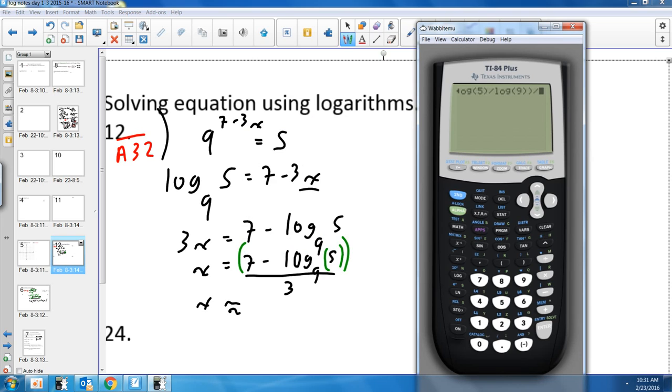Okay, divided by 3, and you're going to see that you get 2.08. Now, I just want to show you one more thing. When I hit second enter, I can get the same exact answer just by doing the natural log. Look and see what you have here. Natural log ln of 5 and ln of 9. And notice ln is paired with the e, common log is paired with the 10. That should make sense there on your calculator. And you'll see if I change those, you'll still get the same answer. So 2.09.